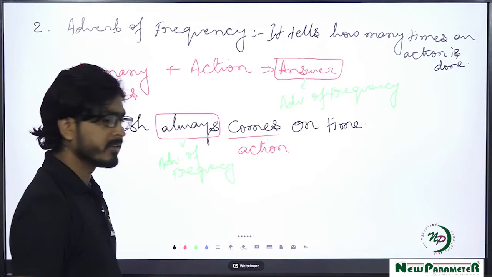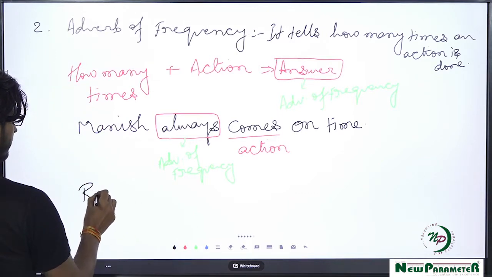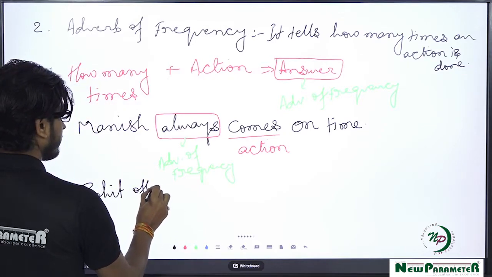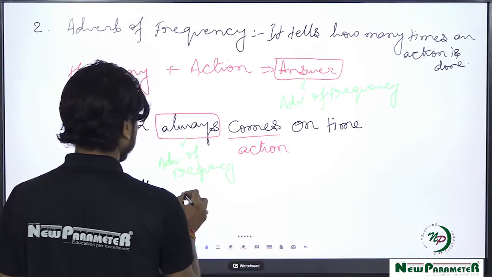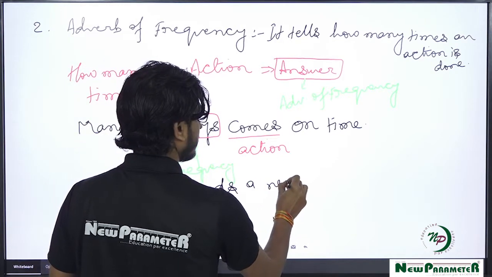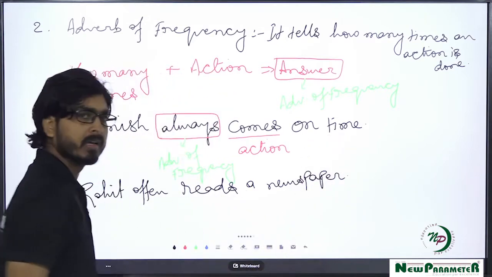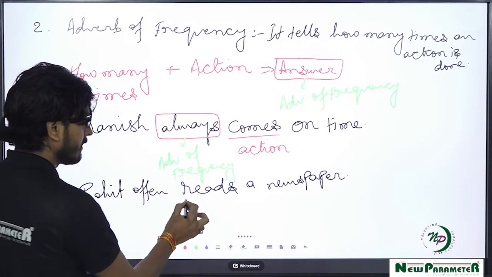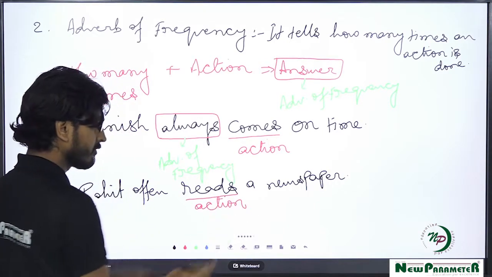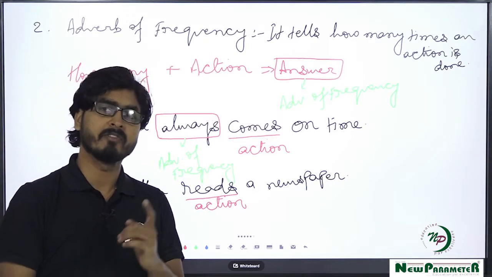We see another example. If I say Rohit often reads a newspaper. Again we have an action, what? Reads. This is an action. If I ask a single question to this action, how many times Rohit reads a newspaper? We get an answer.